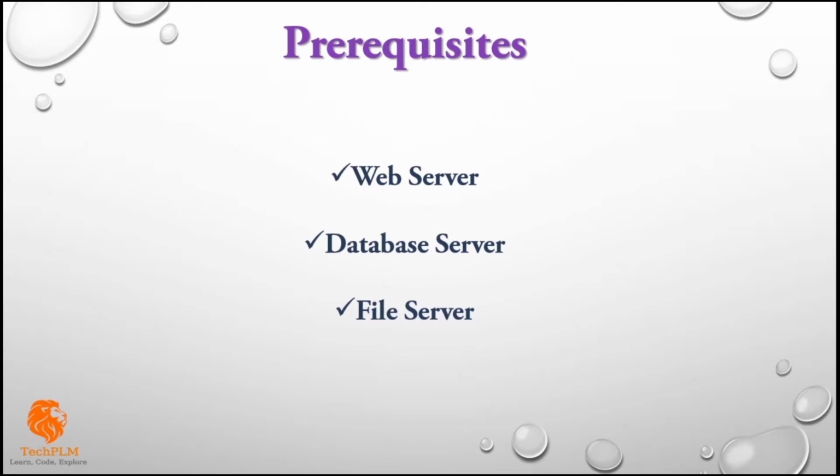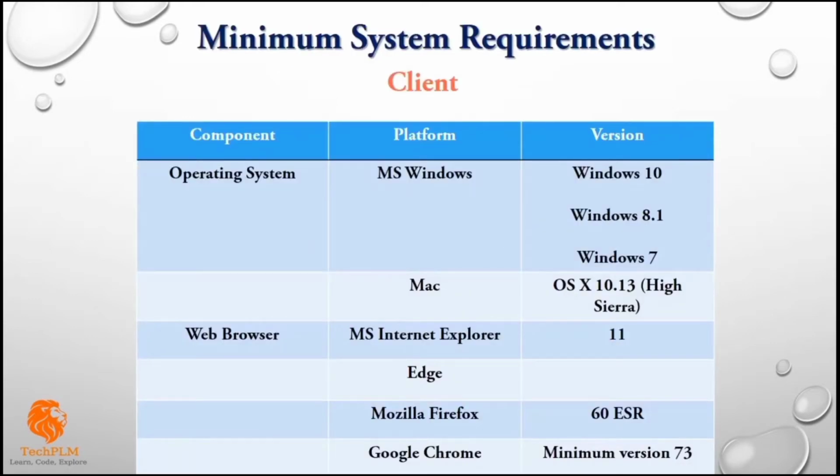So let's see what are the minimum requirements for the client and what are the minimum requirements for the server for Aras. So here is the minimum system requirement for the client. For the Microsoft Windows operating system, you should have minimum Windows 7. If you are a Mac user, then you should have minimum OS X 10.13 High Sierra.